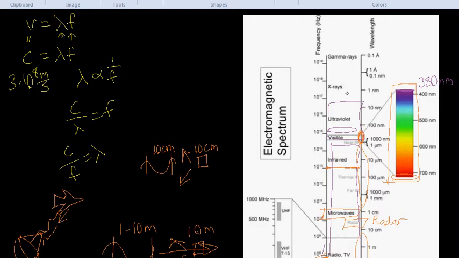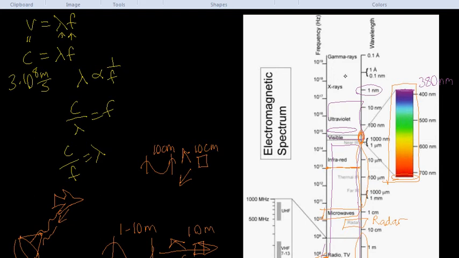X-rays are a very short wavelength, on the order of the wavelength of an atom size. So we actually use X-rays to look all the way down to atomic scales. That's the most useful application.